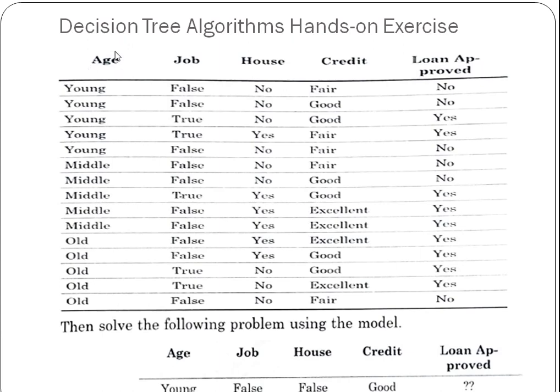So you will do it for age, for the job, for the house, and for the credit. Out of those 4, whichever has the least total error, you will select that variable, and from there you will build the next branch and split the data. For example, let's say I take job. Let's say based on the job, this comes out to have the least error. Then you will say job.